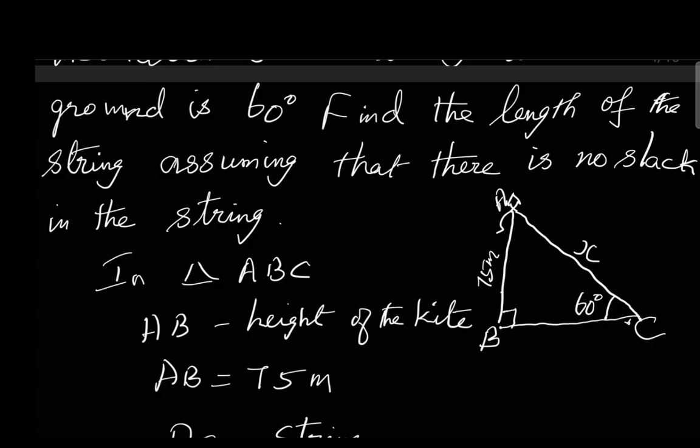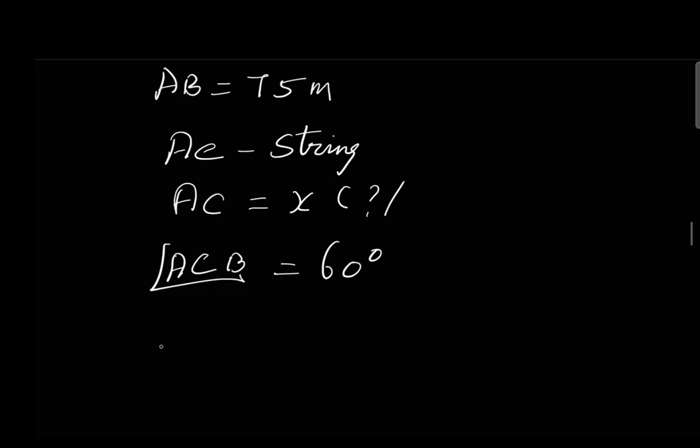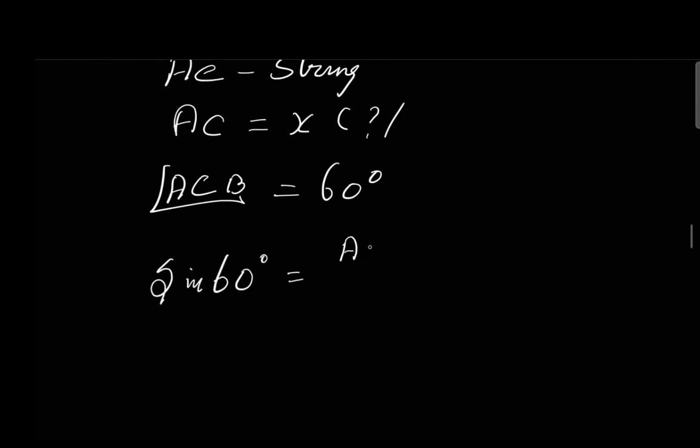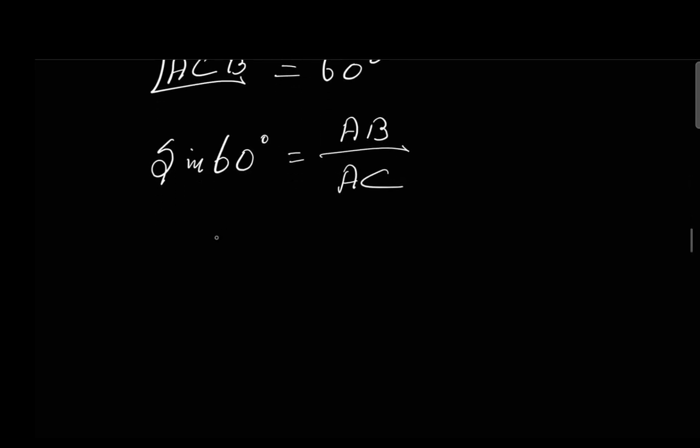Opposite by hypotenuse is sine theta. Here I have to take sine theta, that is sine 60. Sine 60 is equal to opposite by, that is AB by hypotenuse AC. What is sine 60 value here? Root 3 by 2.